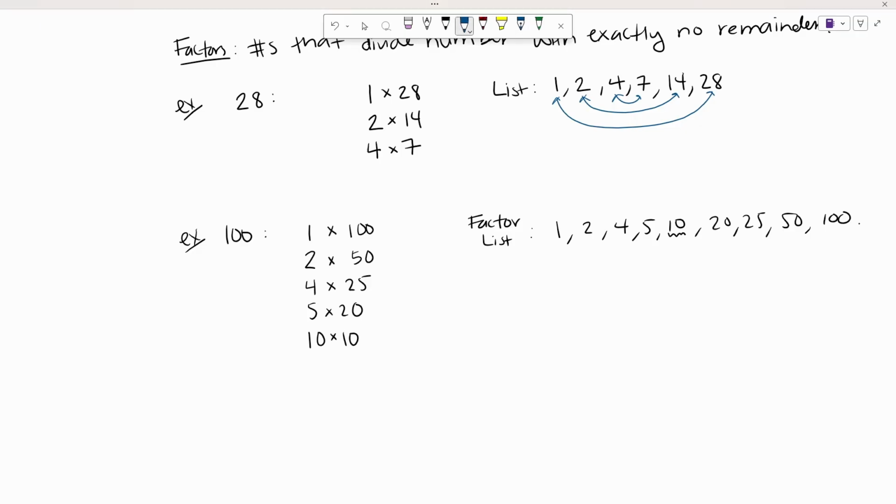So notice again that the outside pairs each multiply to 100. All the numbers pair off except for this middle number 10. And that's because 100 is a perfect square, which is something we'll talk about another time. So if you end with a factor that doesn't have a pair, you should be able to square it to get your original number.